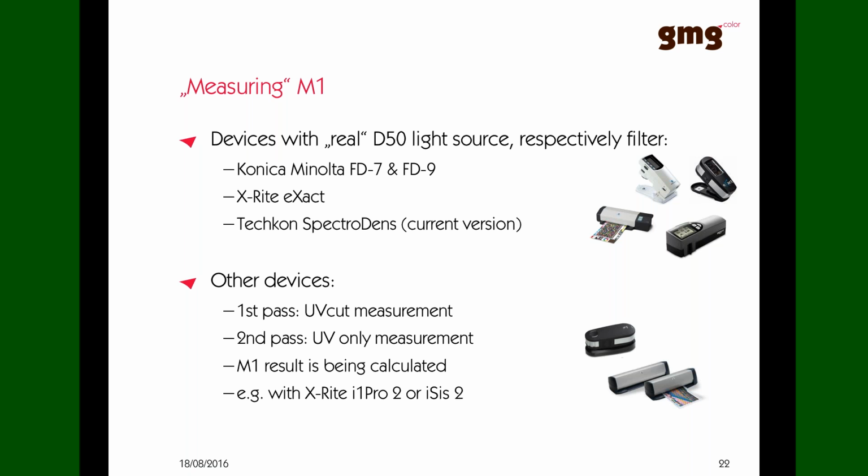Then in the second pass, when you measure the same strip again, they are measuring only UV content, as an example. And then the M1 result is calculated from those two measurements. Those are the two differences that exist in measurement device technology.